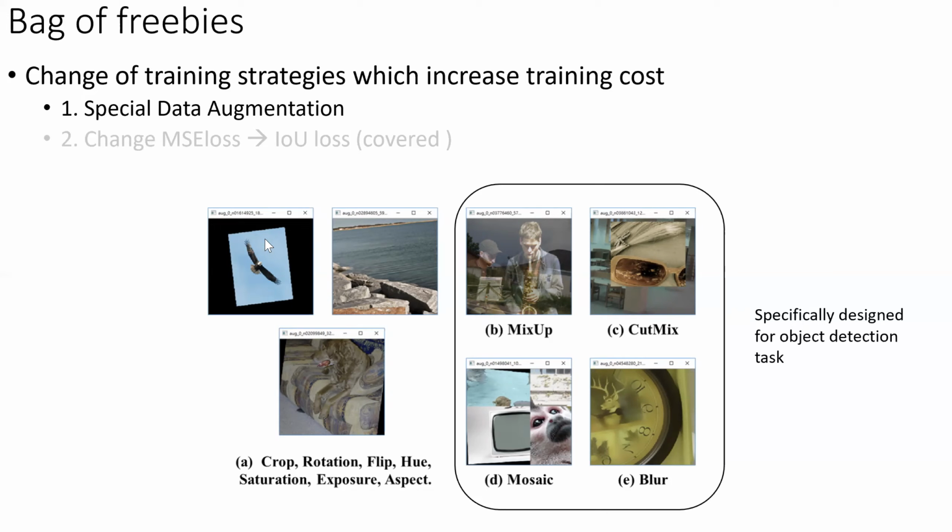Normal data augmentation includes crop, rotation, flip, change of hue, saturation, exposure, etc. But for object detection, there are a set of data augmentations. For example, you can mix up 2 images. You can superimpose 1 image over another. You can concatenate 4 images together to make the network harder to learn.